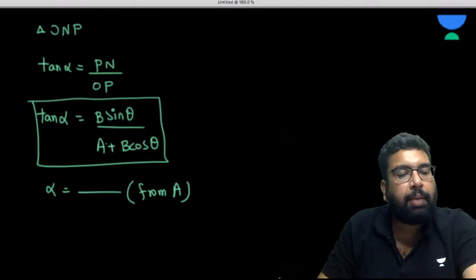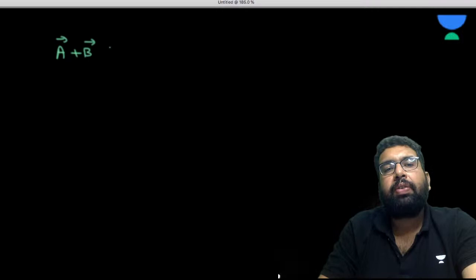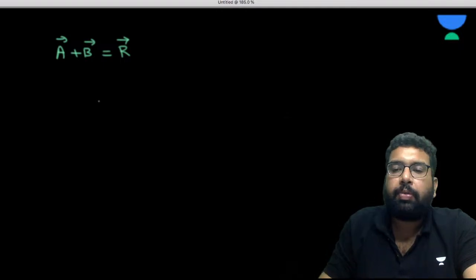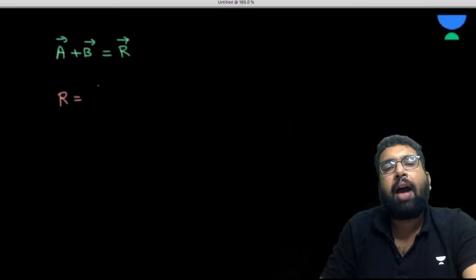Understood? Now you can see the pattern also. So if we generalize this concept, when two vectors are added, A plus B, their resultant is also a vector. This much we know. And this resultant, if you want to find, any vector has two things.